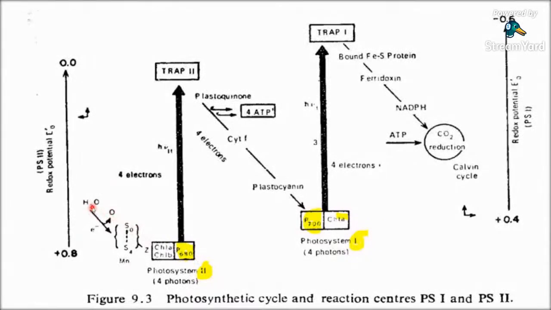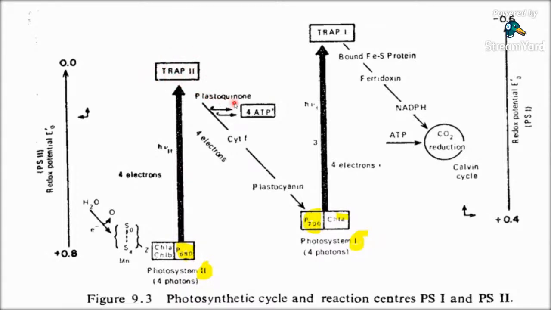Firstly, water gets split into hydrogen and oxygen, and there is liberation of electrons, and those electrons are trapped by the P680 center, that is PS2. Two water molecules will liberate four electrons. We will see that in the reaction. So the four electrons which are liberated are trapped by the PS2 center.